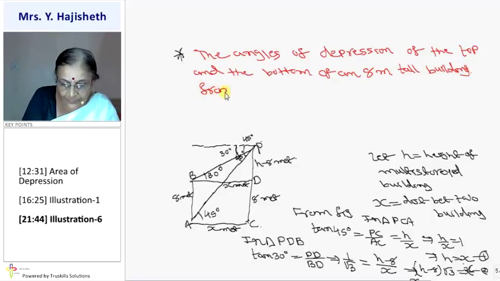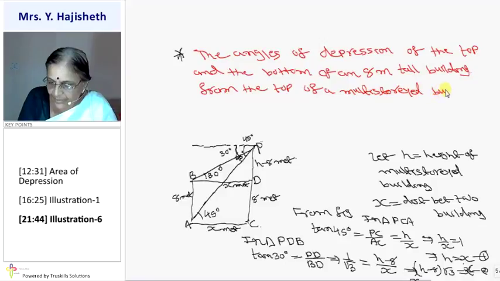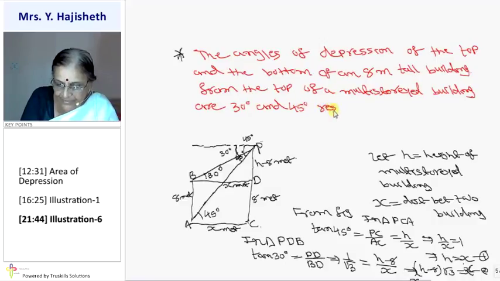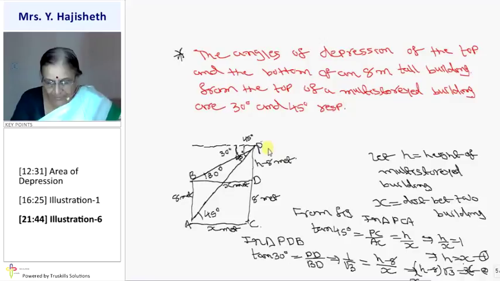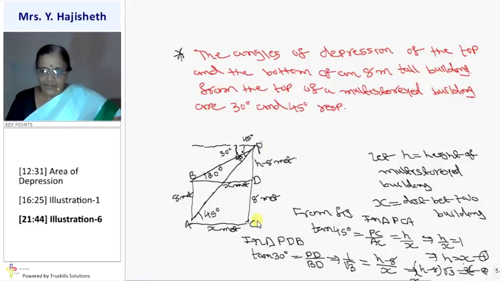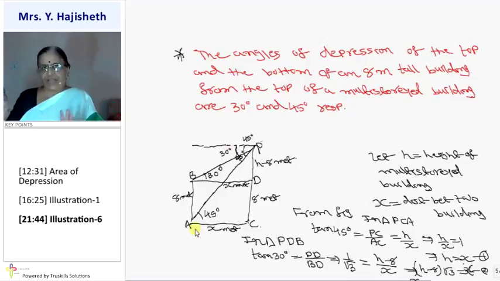From the top of the multi-storied building are 30 degree and 45 degree respectively. आपने देखा है इंफॉर्मेशन. PC is a multi-story building and BA is an 8 meter tall building. Now from P the angle of depression of top is 30 degree and bottom is 45 degree. That much I have written.